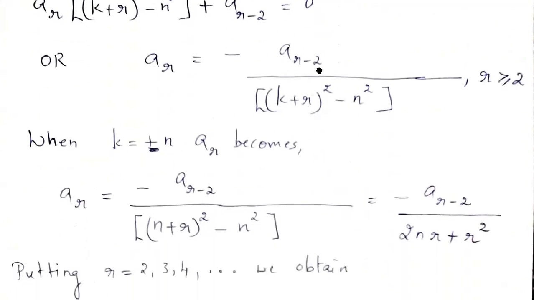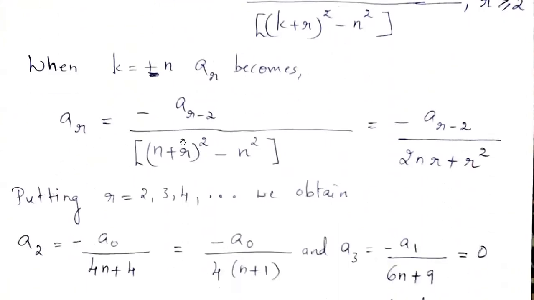The numerator will not change, but in the denominator you will get (n plus r) whole square minus n square. If you solve this, I get n square plus 2nr plus r square minus n square. So n square and n square will cancel. I get the value of a_r as minus a_(r minus 2) divided by 2nr plus r square.